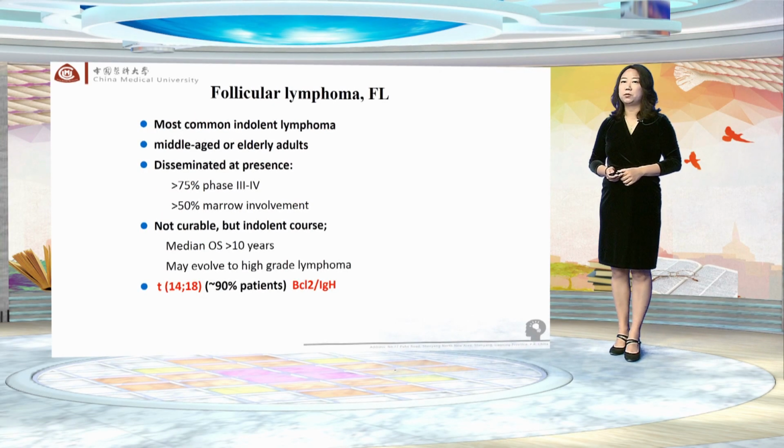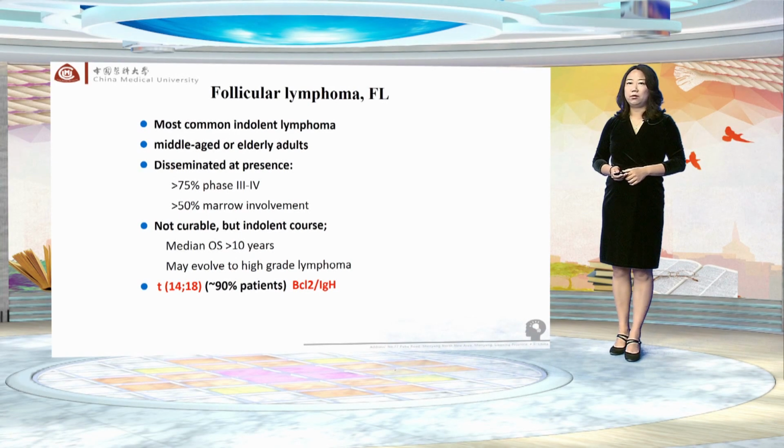Follicular lymphoma is the most common indolent lymphoma. It makes up about 20% of all cases of non-Hodgkin lymphoma. Follicular lymphomas typically occur in middle-aged or elderly adults. They usually present as a slow-growing, non-tender enlargement of lymph nodes, taking months to years to become clinically apparent.